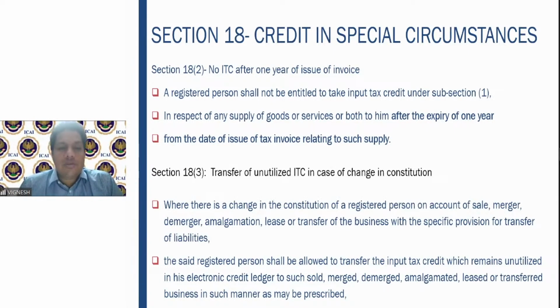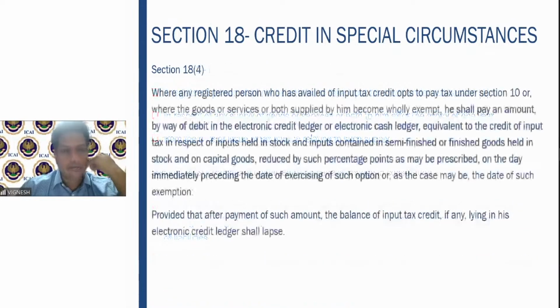In that particular situation, the registered person shall also be allowed to transfer the input tax credit which remains unutilized to such sold, merged, demerged company, etc. So if you have the ITC in the credit ledger and the constitution is being changed due to a merger, demerger, amalgamation, etc., you will transfer whatever unutilized input tax credit is there to the respective electronic credit ledger of the merged or amalgamated entity.